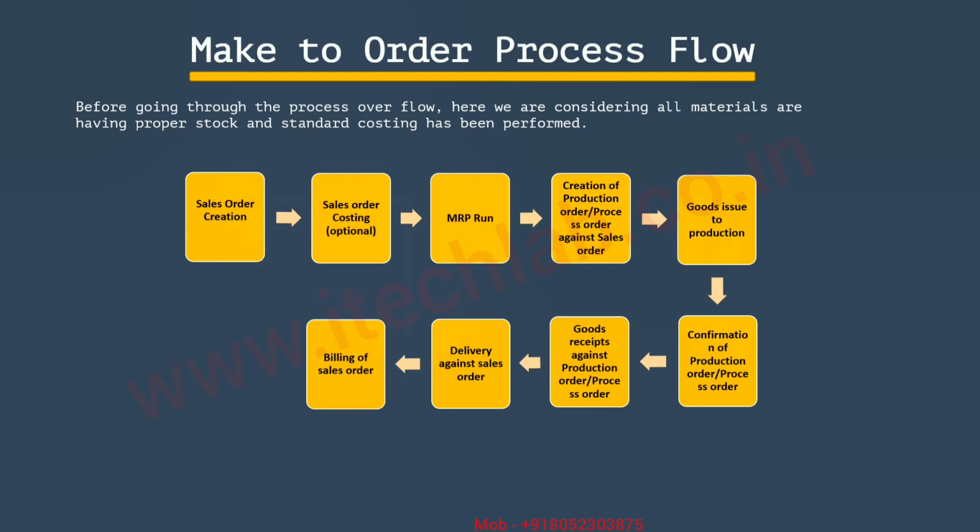But in MTO, when you do the settlement, the price variance and WIP calculation go to the sales order, and when we do the sales order settlement, it will go to COPA, profitability analysis.